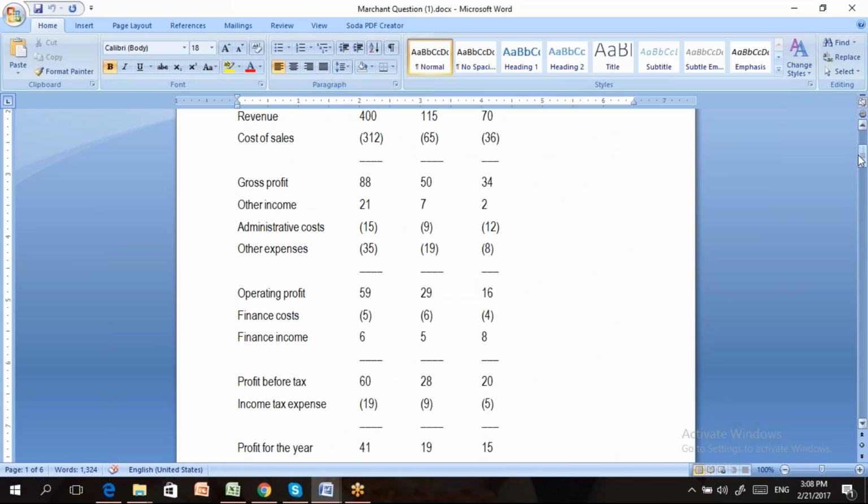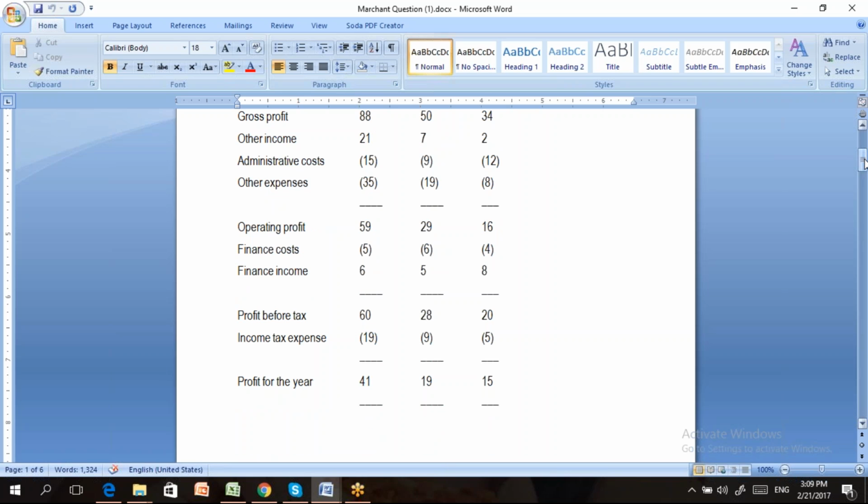We have to look at the profit before tax of the first company, where we have a holding of 60% minus 8, so a holding of 52%.